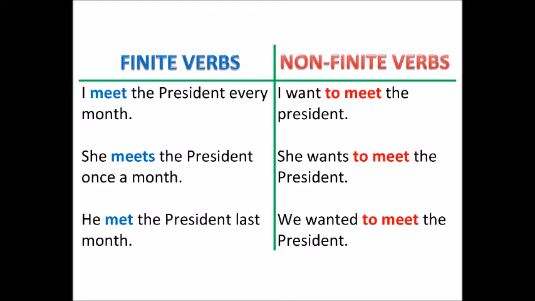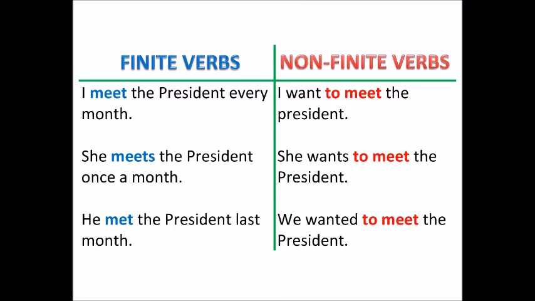Some examples to see the difference between finite verbs and non-finite verbs. Finite verbs. I meet the president every month. She meets the president once a month. He met the president last month. Non-finite verbs. I want to meet the president.